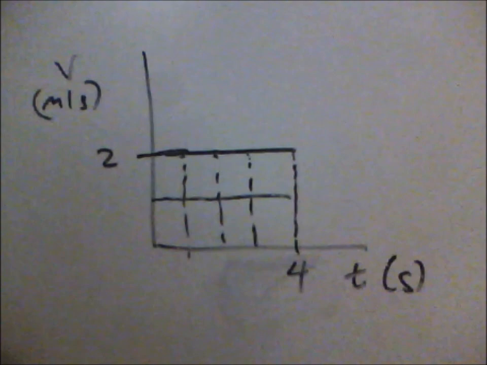So you can see that there are 8 boxes in there, corresponding to the area of the rectangle, 2 meters per second by 4 seconds. And when you multiply 2 meters per second times 4 seconds, voila, you get a value of 8 meters. And that's the displacement of this object for the 4-second interval.